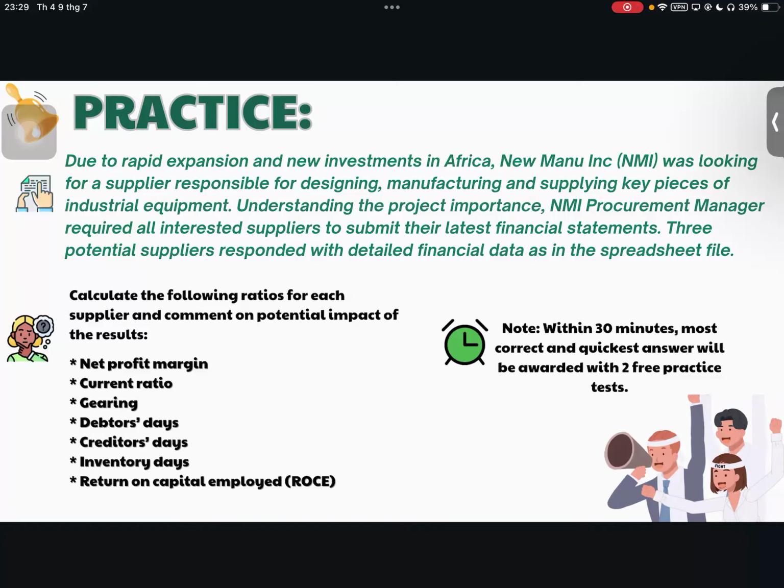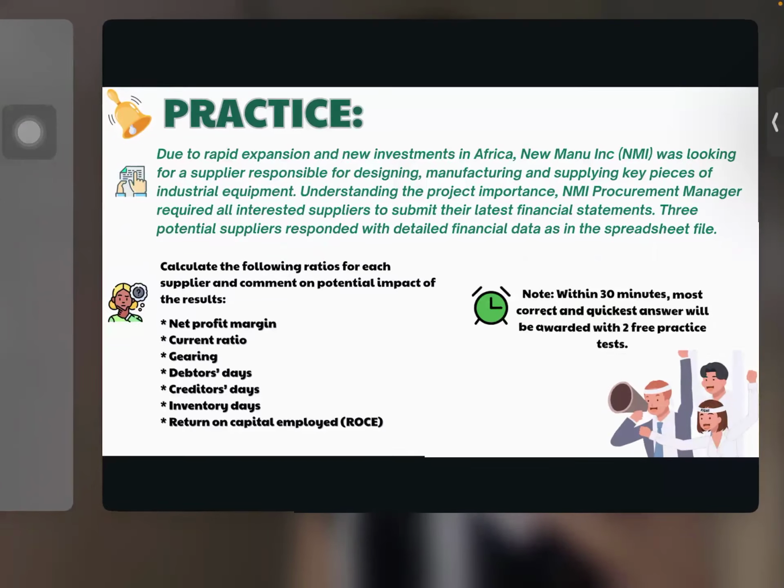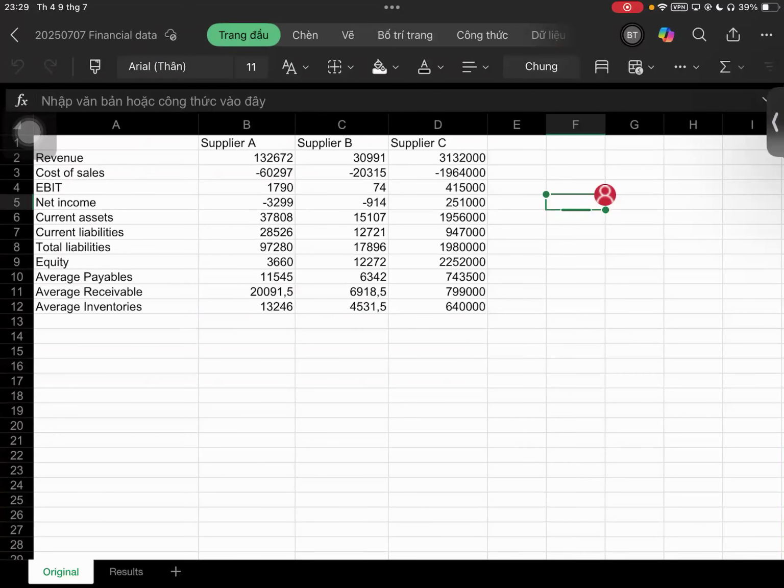All right, let's look at that. I have some data from suppliers A, B, and C, and I summarized it from their financial statements.